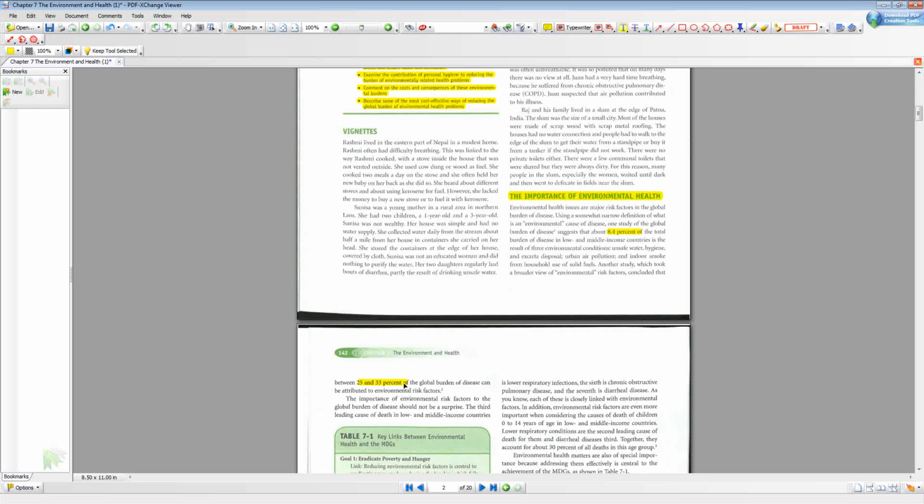And the text is going to focus on just a few of these environmental conditions, because when we think about the environment, again, depending on the definition, it can encompass multiple aspects of exposure, ranging from environmental hygiene, unsafe water, sanitation, moving on to air pollution, whether that be indoor or outdoor, and so on and so forth.